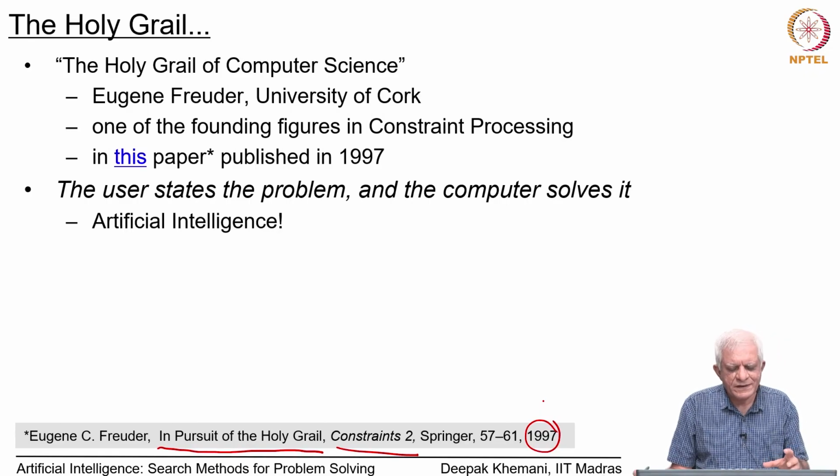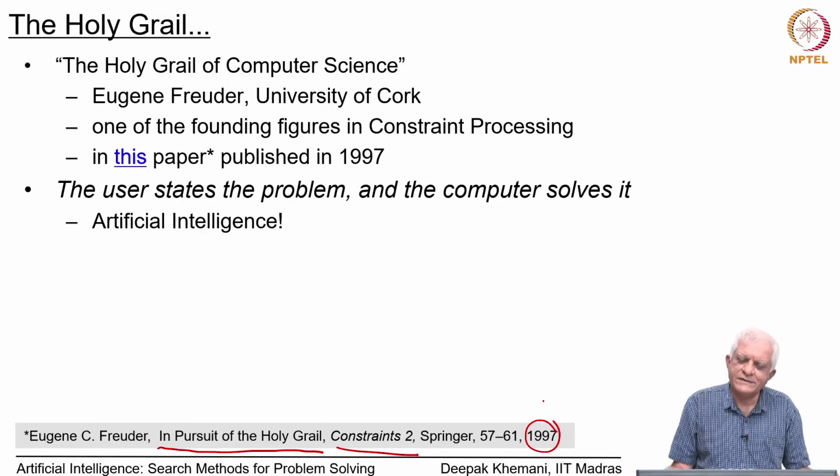But you can see that in some sense what he is saying is that the holy grail of computer science is to build AI, and by AI you can say that we mean something like this, that the user simply states a problem and the computer gives the user the solution. So, that would definitely be AI.